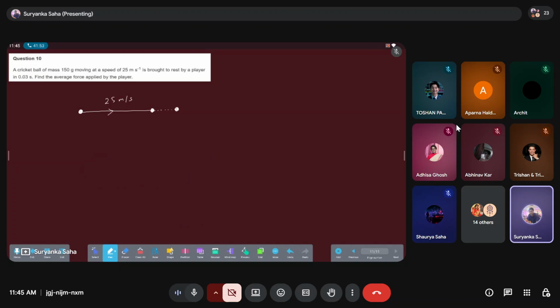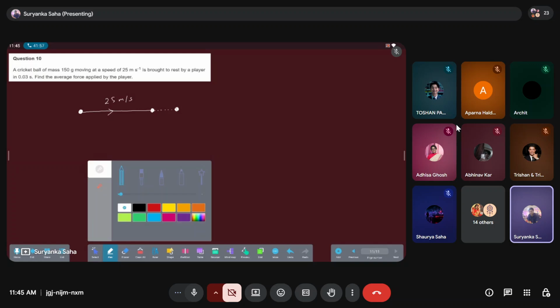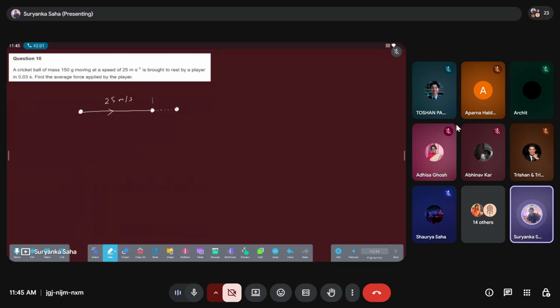here. Okay. So can you tell me what is this time? 0.03 seconds. So this is the time span during which I stopped the ball. When I caught the ball, I delayed the process to reduce the effect on my hand. This is 0.03.